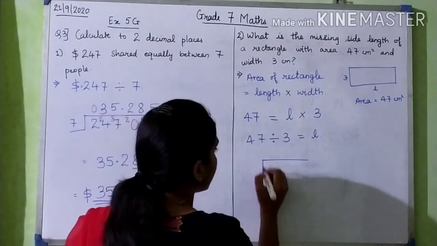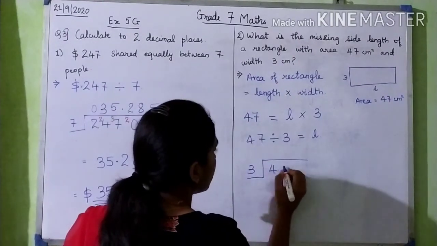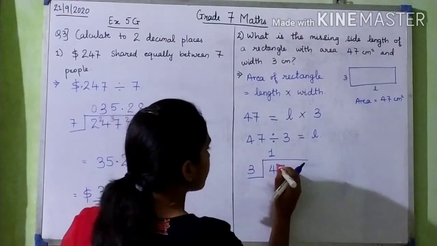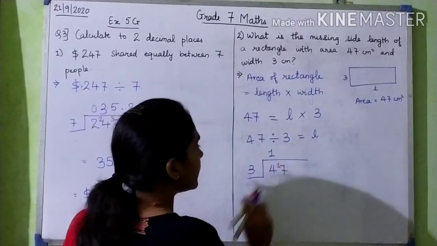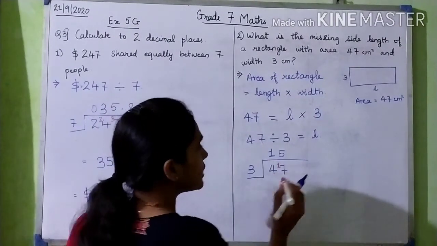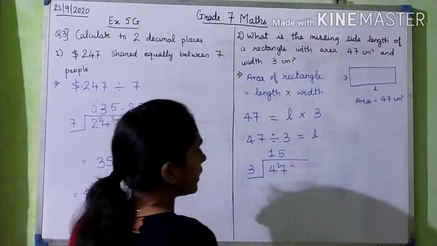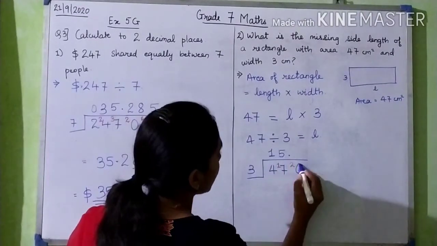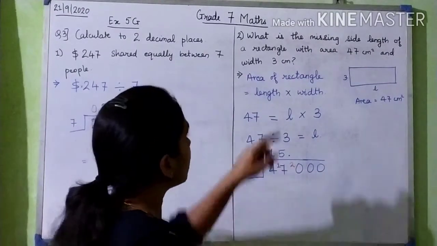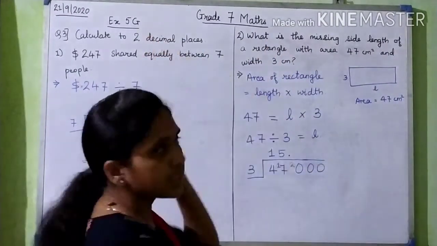What is 47 divided by 3? I write 47. 3 ones are 3. 4 minus 3 is 1, 1 remains. 3 5s are 15, 3 6s are 18, so 5 I have to take. 3 5s are 15, 17 minus 15 is 2. So 2 remains. Now this is over, so I put a point and I take 3 zeros. Why 3 zeros? Because I have to find that up to 2 decimal places.